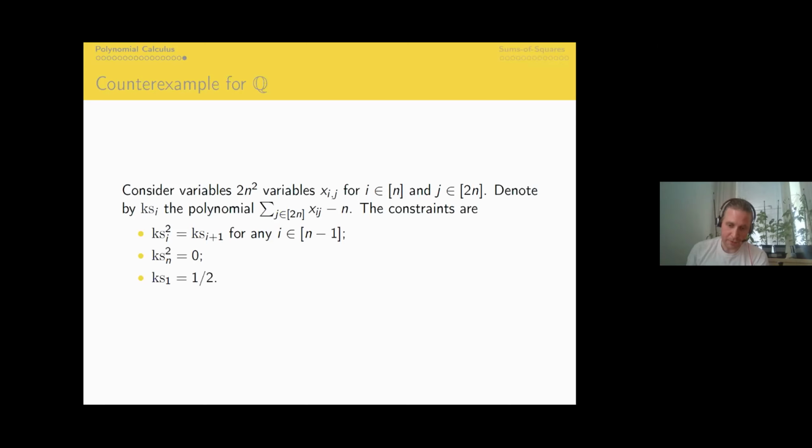They showed that there's a set of constraints and a target polynomial that always has a degree 2 sums of squares proof of non-negativity, but until you go to square root of n degree, you'll have doubly exponential coefficients. So this is building up on that example. It's polynomial calculus. Okay.